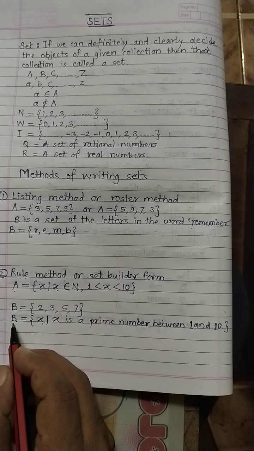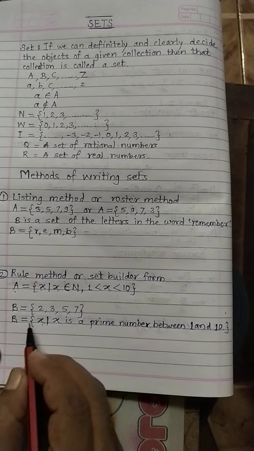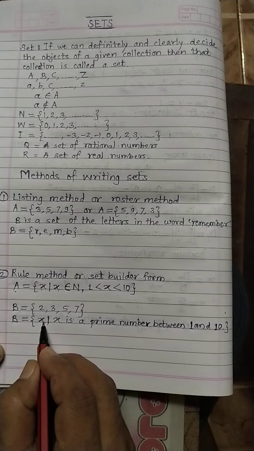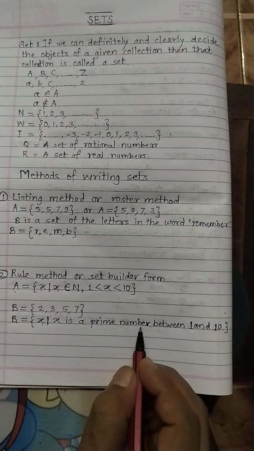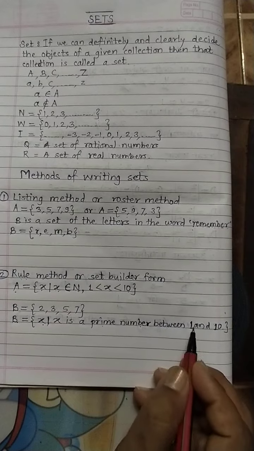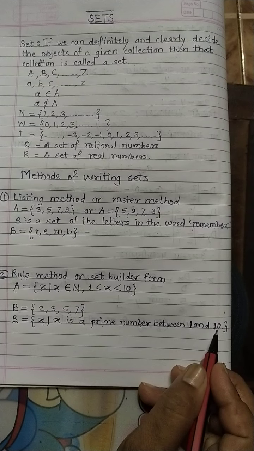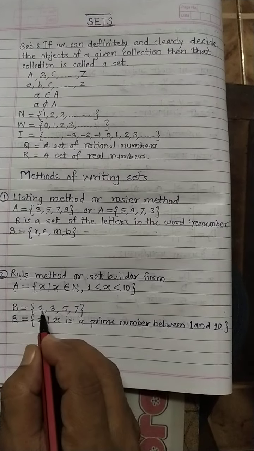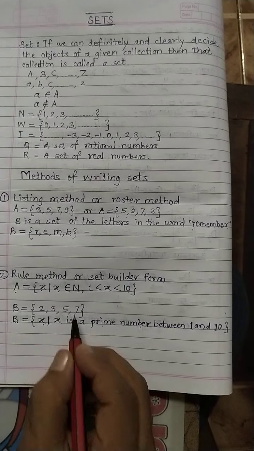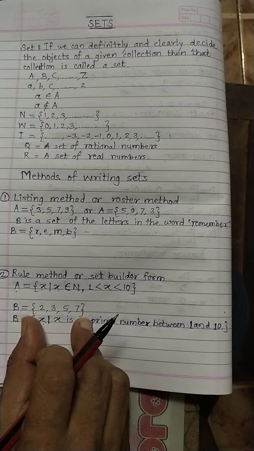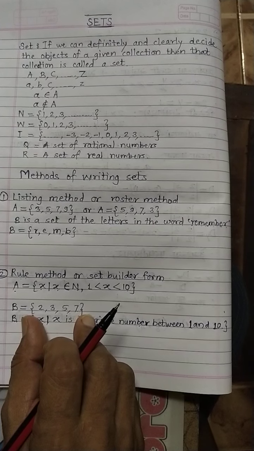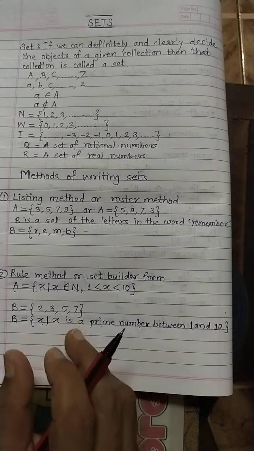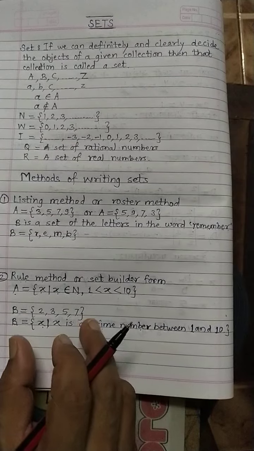Say once again, set B is the set of all x such that x is a prime number between 1 and 10. Let us see, 2, 3, 5, 7, all these are prime numbers between 1 and 10. Okay, got it?